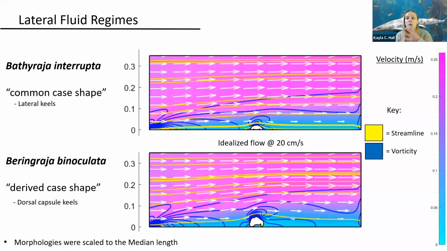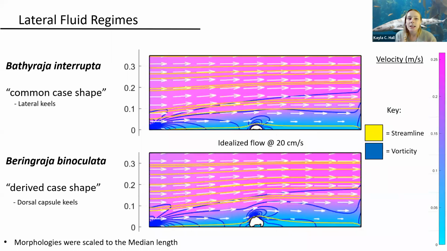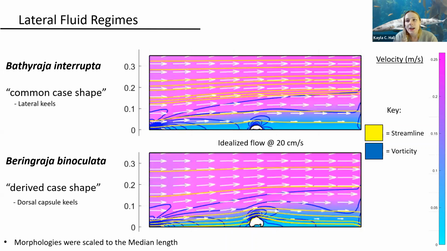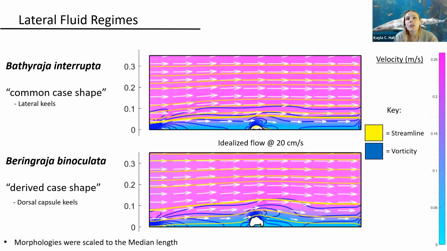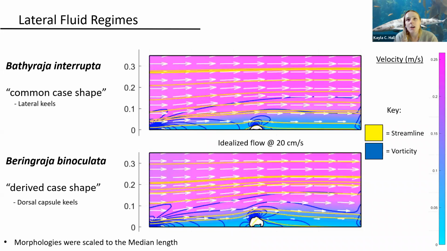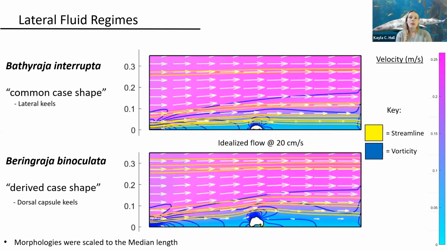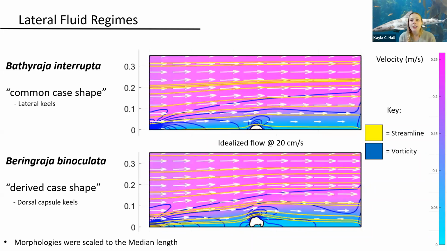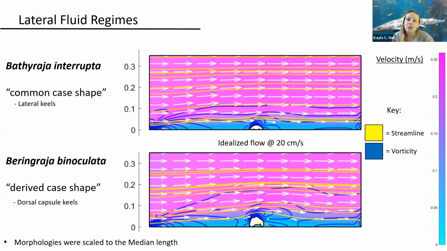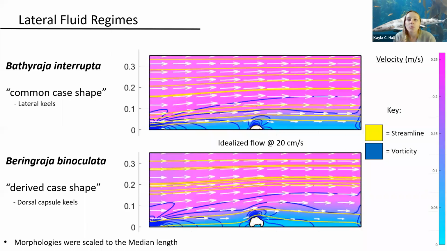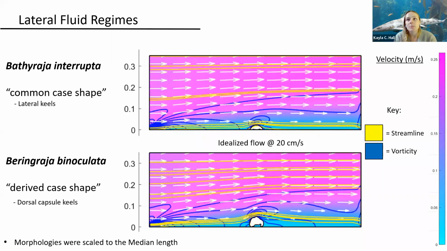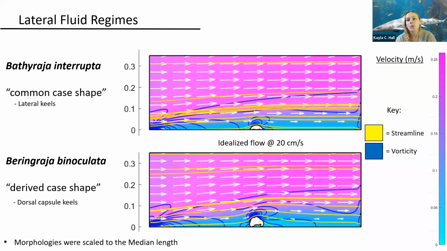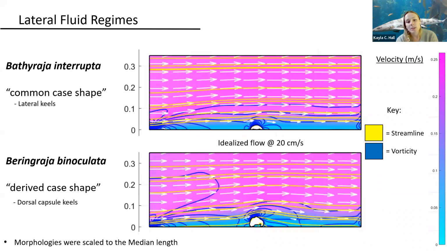So what would be advantageous in an anterior posterior flow, these keels on the top of the capsule, are hindering them in a lateral view where the dorsal keels are breaking up the flow and causing more changes in vorticity. So this also creates more drag and, like I was saying, increases the chances of this egg capsule rolling, or in this case, potentially being reoriented to have the horns face flow in an anterior or posterior position.